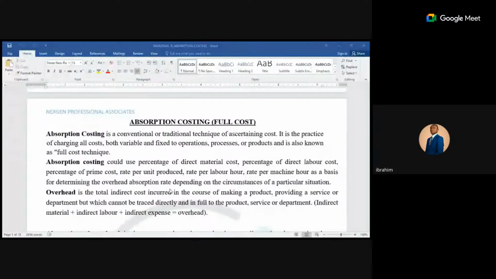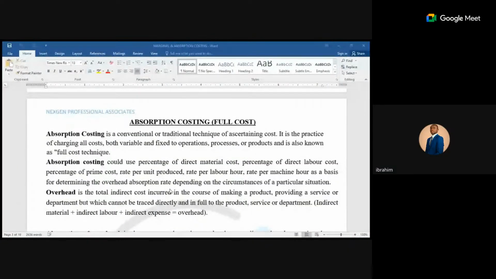Class, a company may absorb their overhead on different bases. They can decide how they want to apportion their overhead, for example on the basis of the number of units. Absorption means cost. Let's say, for instance, you have rent of 50,000. You ask how much it will cost per unit.